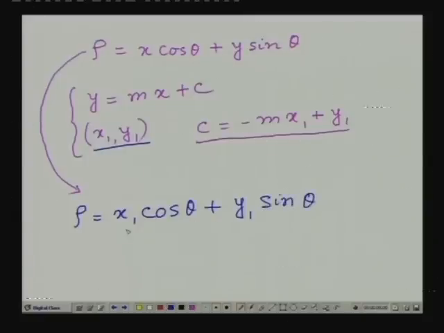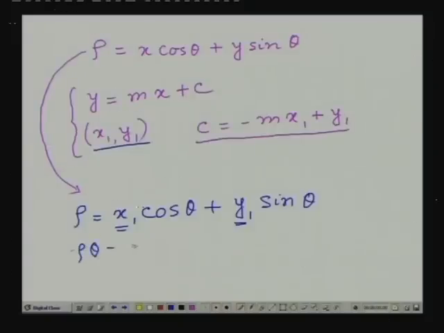So, here you find that x 1 and y 1, these two are constants for a given point x 1 y 1 in the parameter space, whereas rho and theta are variables. So, a particular point in the spatial domain is now mapped to a sinusoidal curve in the parameter domain, or in the rho theta space.